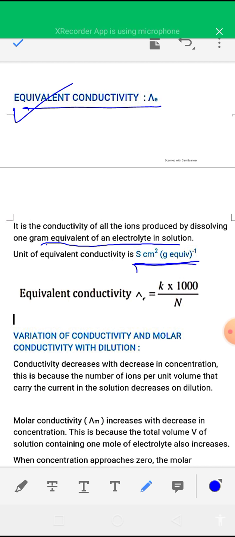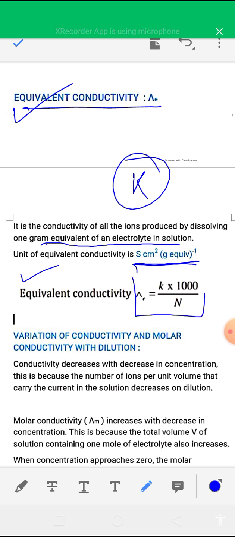All these definitions and units of molar conductivity and equivalent conductivity, you have to remember, and you have to solve some small numerical problems based on these formulas. So what is the relation between equivalent conductivity and specific conductivity? K is known as conductivity, it is also known as specific conductivity. The relation is lambda E is equal to K into 1000 divided by N, where N is the normality of the solution.